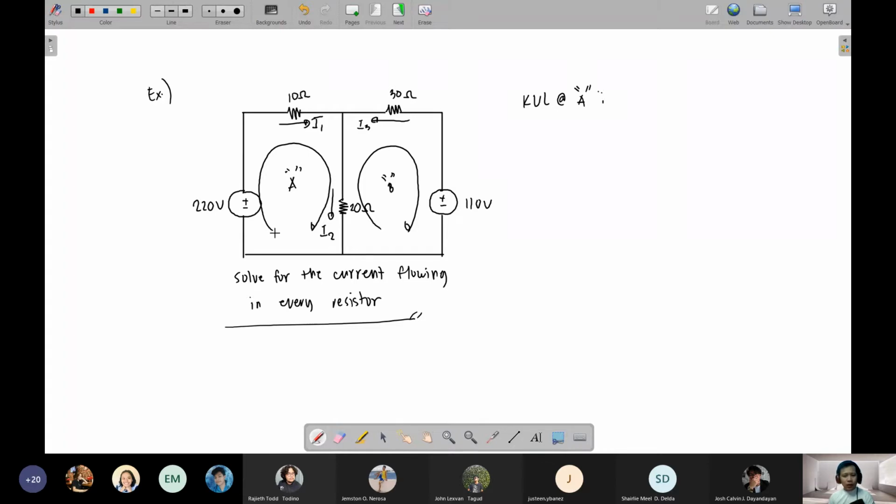The tail end is first at the voltage source. The tail end enters the negative side but exits the positive side. So recall, you should follow the exit sign. So for this one, when the loop flows through the 220 volt source, it exits on the positive side. Therefore, you will have positive 220.